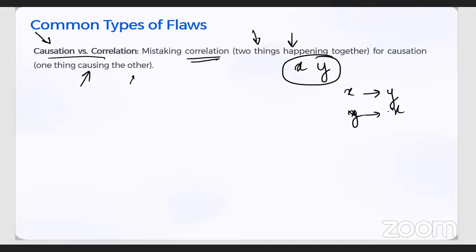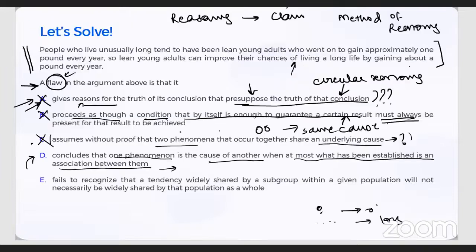You see it in reading comprehension also, by the way, and you also see it in weaken the argument questions. So that is what option D is actually saying. It is actually describing the flaw. The argument observes that people who live a long life were lean young adults who gained weight on a yearly basis, and assumes that this means that weight gain causes a long life.